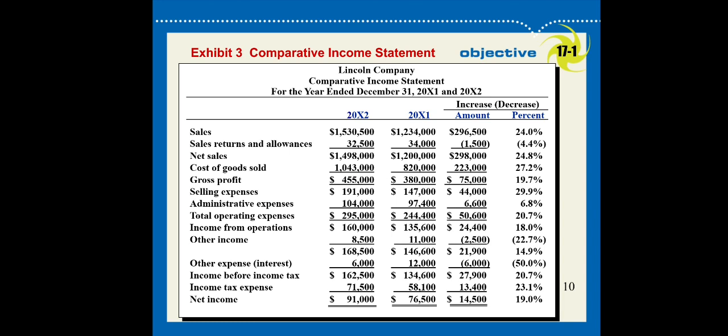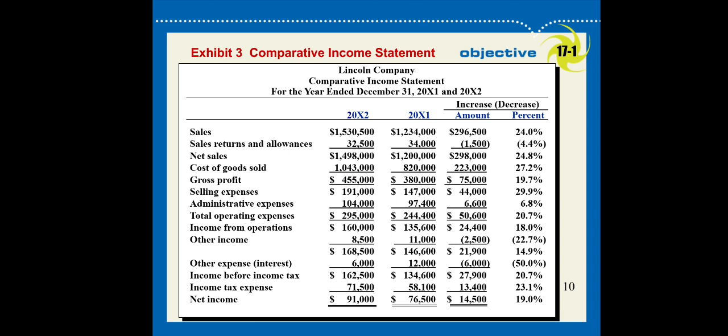Okay, that is the first thing. You have to know how to prepare column number 4 and 5. And the second thing is you have to know how to interpret the data. Now, let's say you do not do this analysis. What is your conclusion?